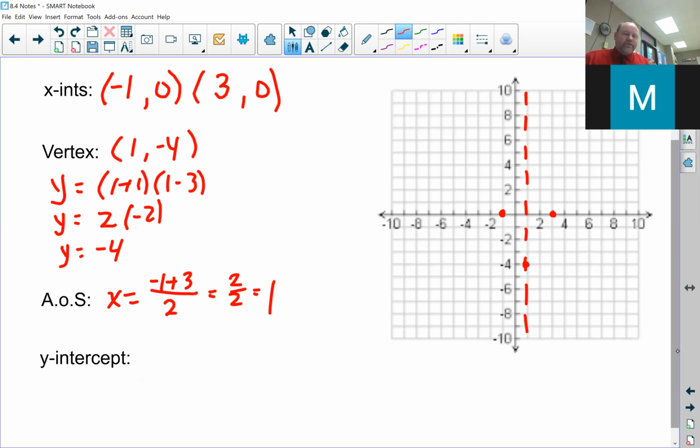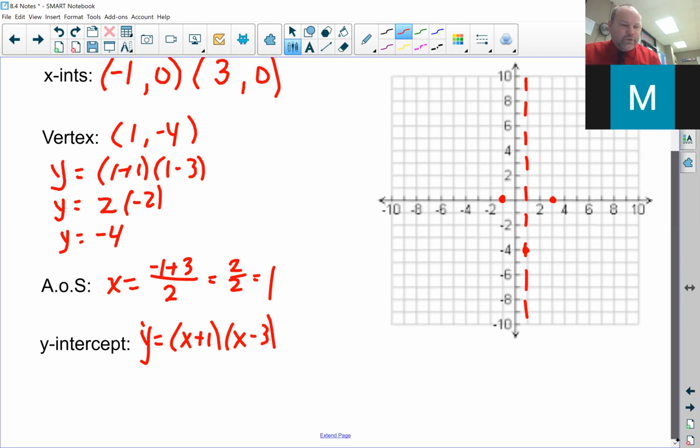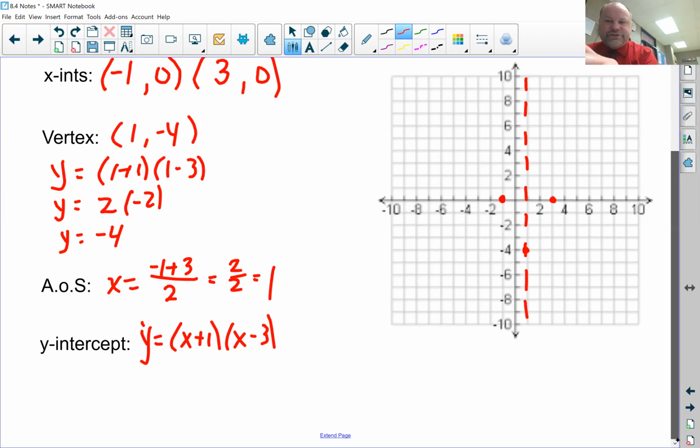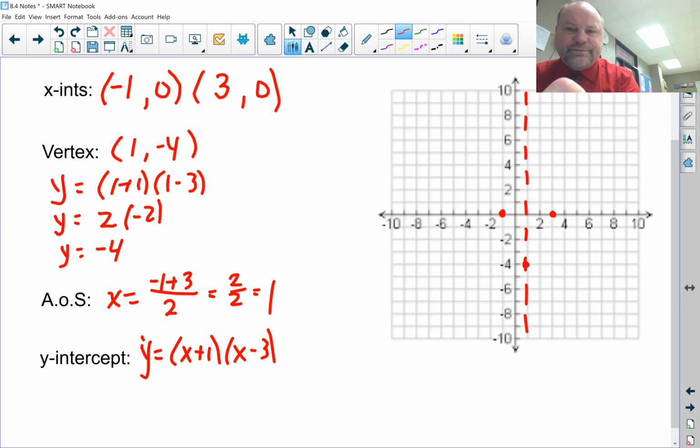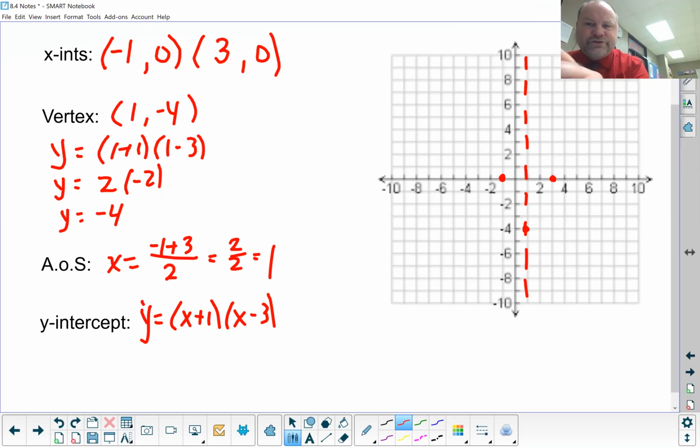To find the y-intercept, you have a couple of options. One option is to take our equation and plug 0 in for x. And that will always work. It's not special just to intercept form.